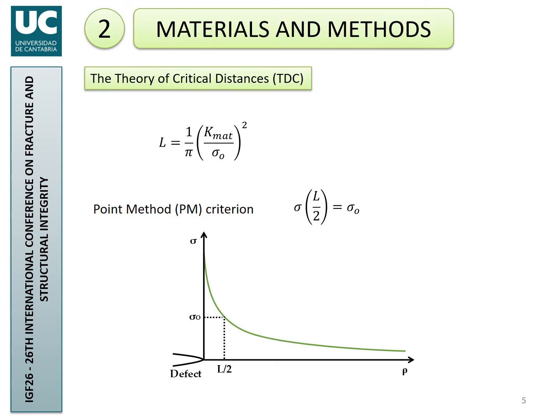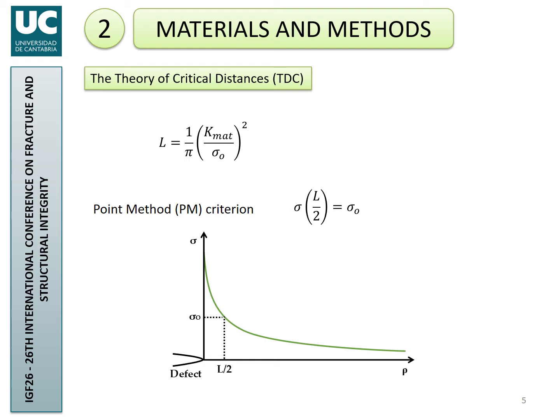Well, as I said, we are going to use the theory of critical distances that at the end is using linear elastic fracture mechanics tools together with an additional material length scale parameter, which is the proper critical distance L that follows this expression here, in which this term is called the inherent strength, but it is actually the ultimate tensile strength in materials with linear elastic fracture mechanisms in both micro and macro scales.